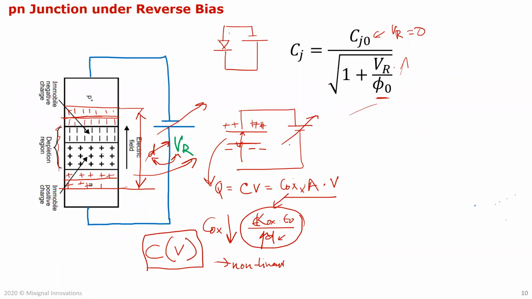Now, as I said, because this is voltage dependent, this is a nonlinear capacitor. This is very important because all the drains and sources of your MOS transistor are actually reverse bias diodes. So all your signals swinging on that node have this capacitance as well.